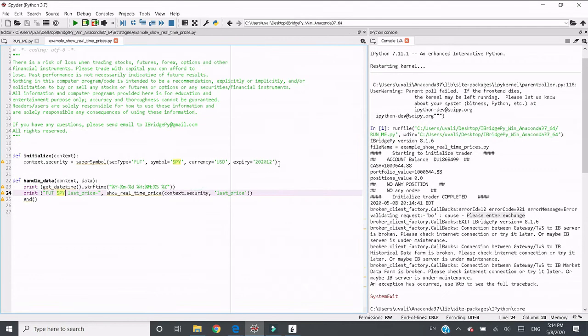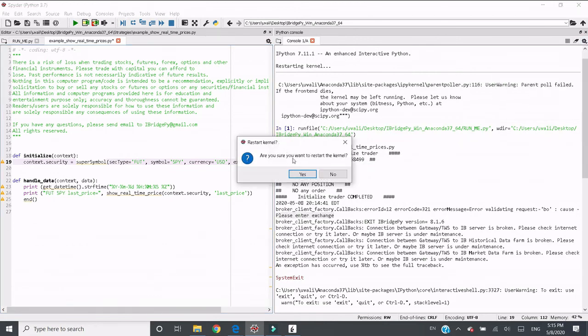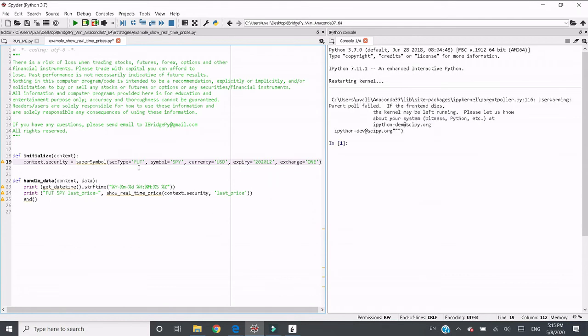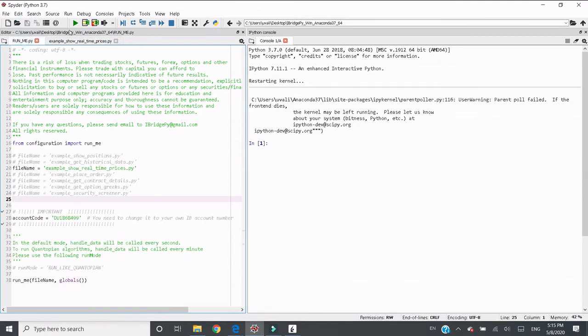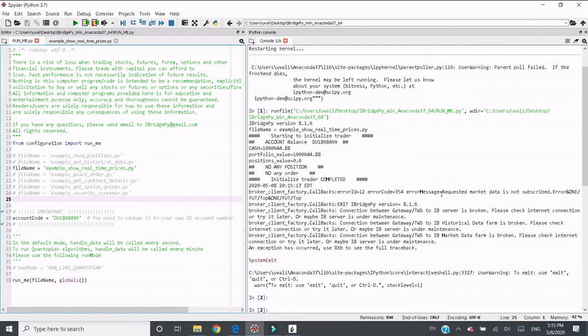So I need to add exchange equals to WONE. This is the primary exchange for SPY future. So you can see I don't have the data package.